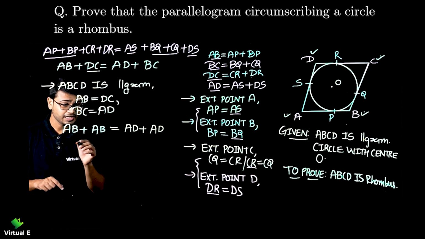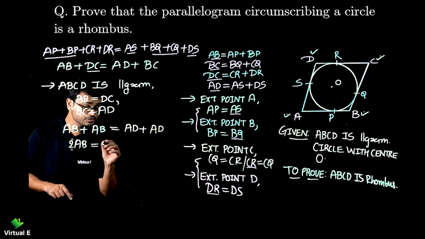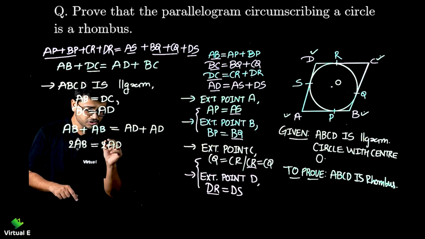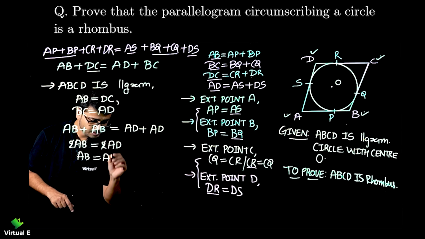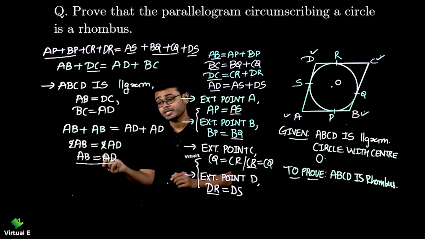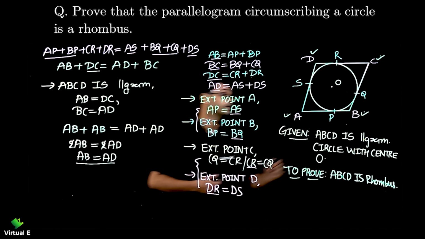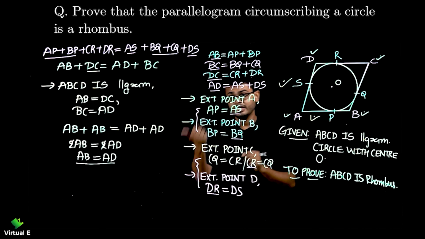So I can say that twice AB is equal to twice AD. This 2 will get cancelled. So AB is equal to AD, right? This is the conclusion that we get. AB is equal to AD. Means this side and this side are equal.